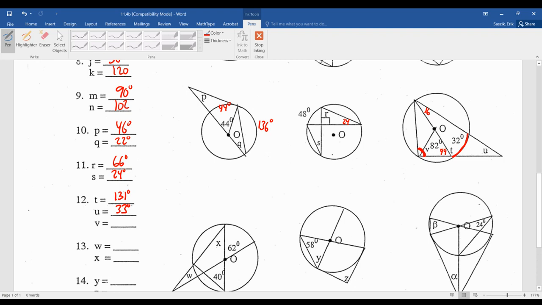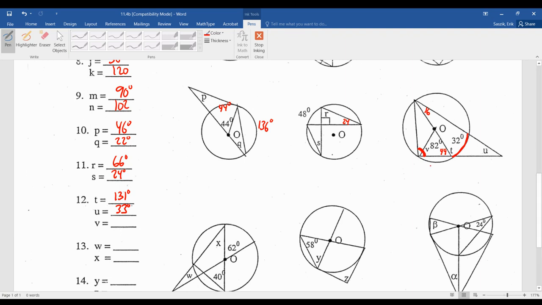And angle V, let's see, what can we do there with angle V? Oh, well, just thinking a little bit here.